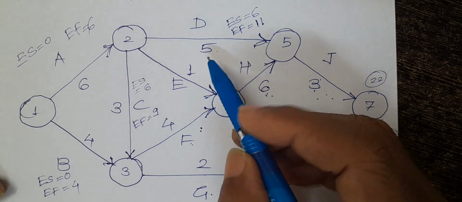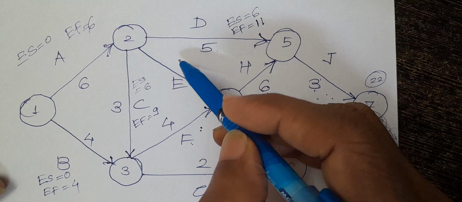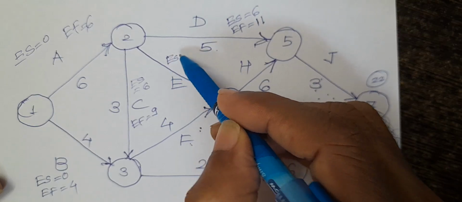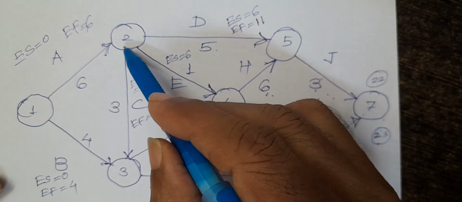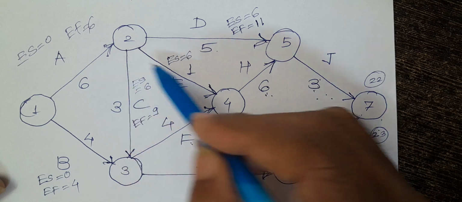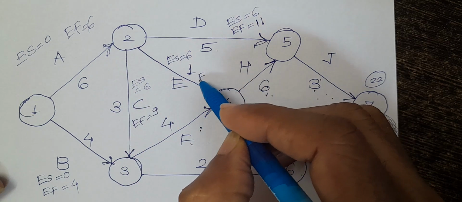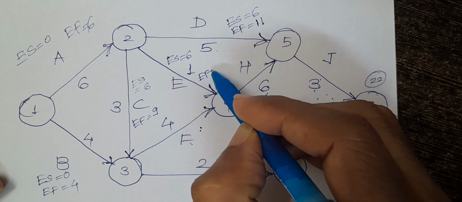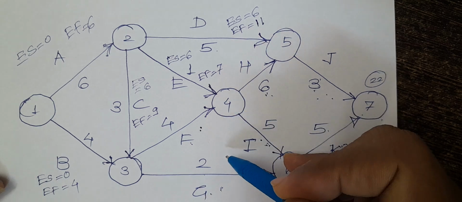Similarly, for the E activity, the earliest start is 6 because this activity has a predecessor, so after completion of that activity, this will start. The earliest start is 6, and the earliest finish is 6 plus 1, which is 7.